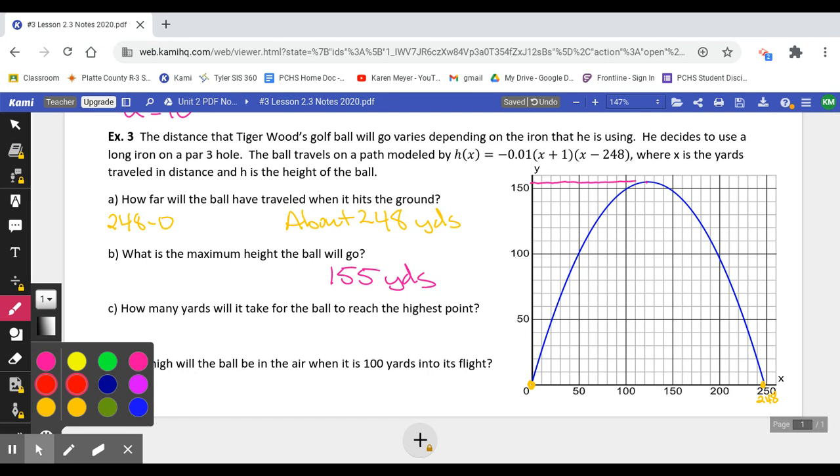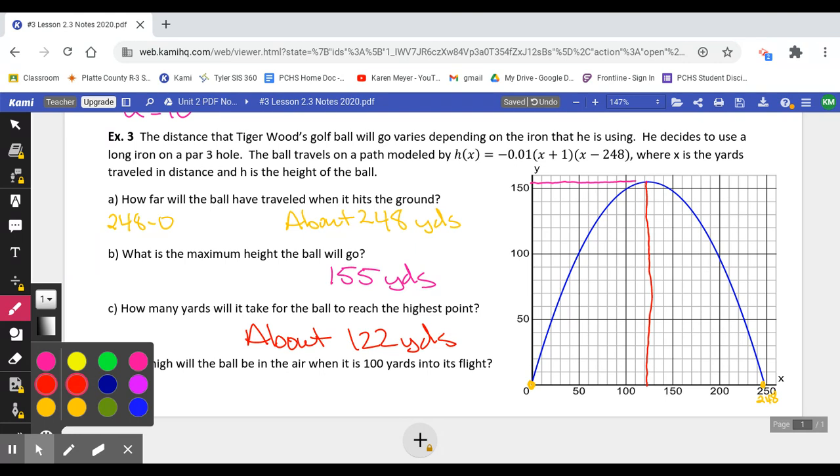So now that is following it down. And when I follow it down, to me, it looks like it's a little bit past 120. So I'm going to say about 122. So once again, a little bit of leeway on that one.